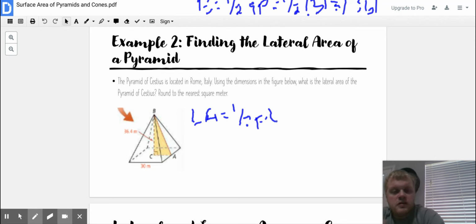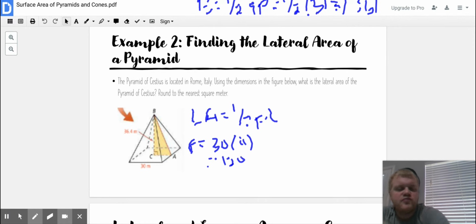So we're looking for the perimeter and the slant height. They gave us the base, so I can find the perimeter. We're going to assume that all of our bases are regular, which means all the sides are congruent. So the perimeter of my base, that P, should be pretty simple to find. It's going to be 30 times the number of sides, which is 4. So that should be 120.